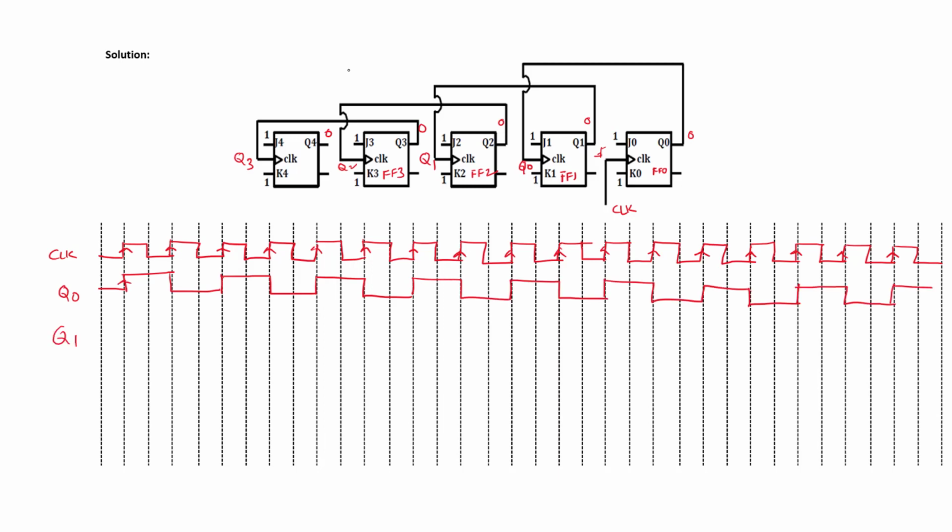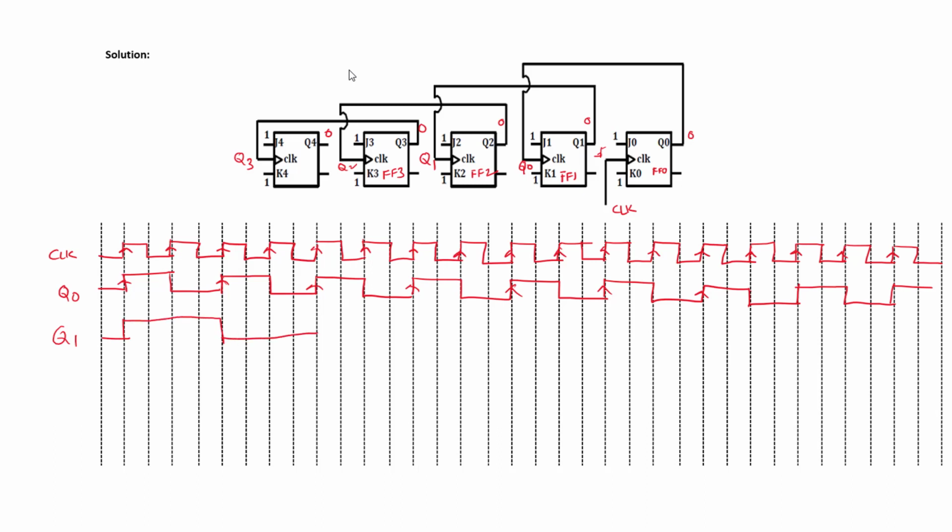Here, for flip-flop 1, the clock input is Q0. That means Q1 toggles at every positive clock transition of Q0. For flip-flop 1, Q0 is the clock input and JK is connected to logic 1. That means at every positive clock transition of Q0, flip-flop 1 will toggle.